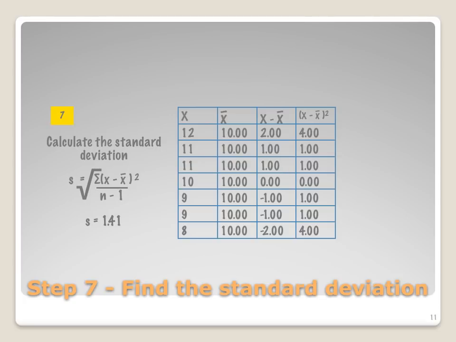The formula for the standard deviation is the same as the variance, which is the sum of x minus x bar squared over n-1, but we're taking the square root to reverse what we did in that fourth column of squaring the deviations. So we add the square root over that entire variance formula.